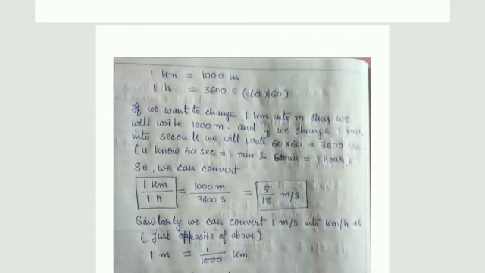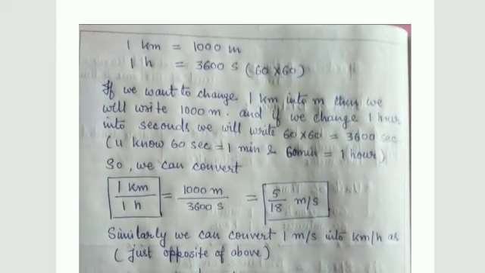In the first class, I have told you millimeter, centimeter, meter, kilometer and seconds, minute and hour. It is related to that formula also. You all know 1 kilometer is equal to 1000 meter and 1 hour is equal to 3600 seconds.